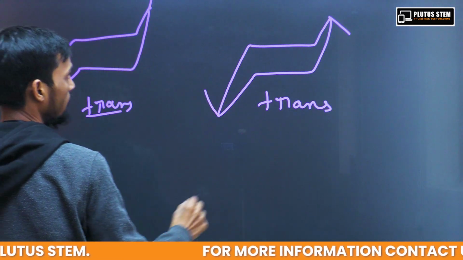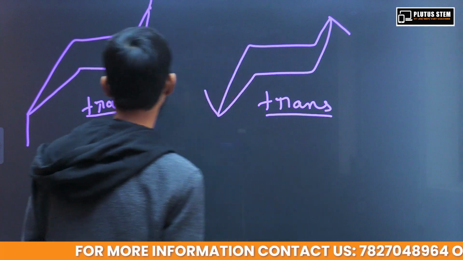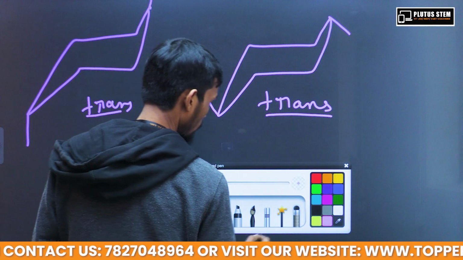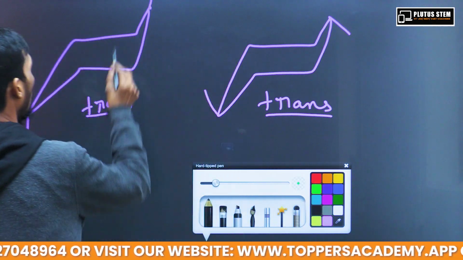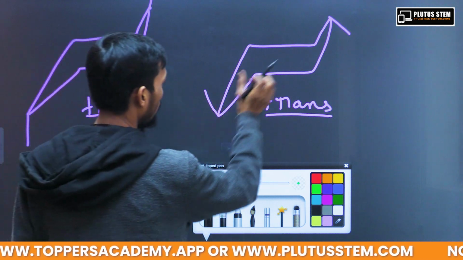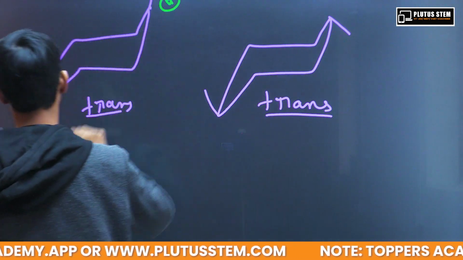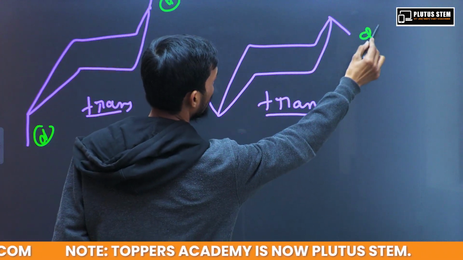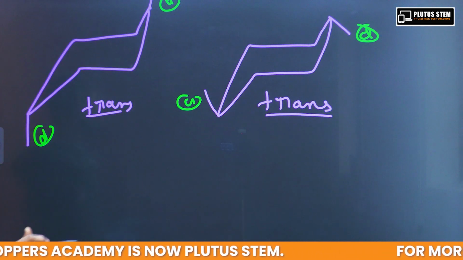So this one trans and another trans is this one, because they are in the opposite direction. Up, down, trans. This is up, this is down, this is up, and this is down. So that's why they are being termed as trans.